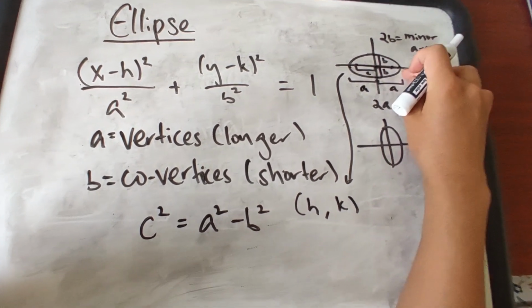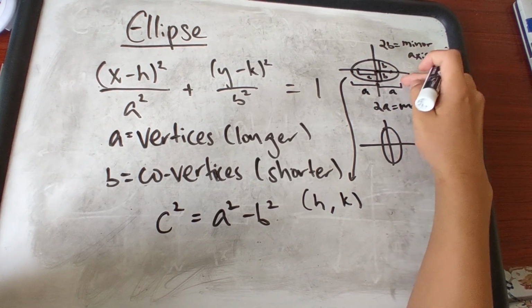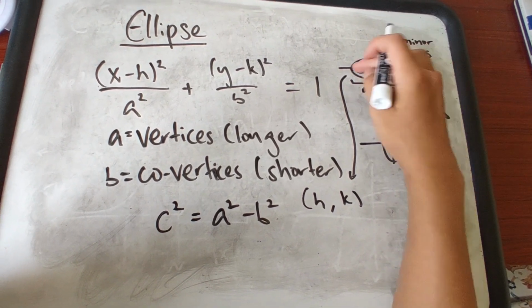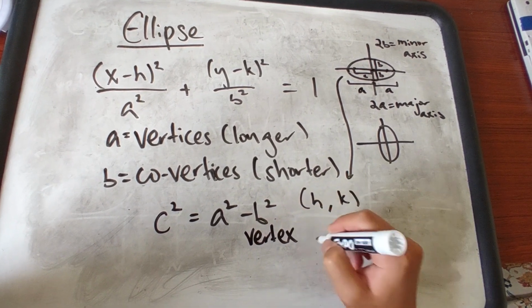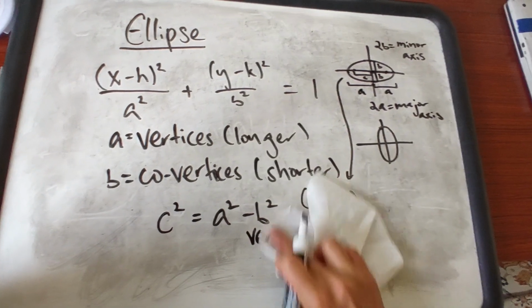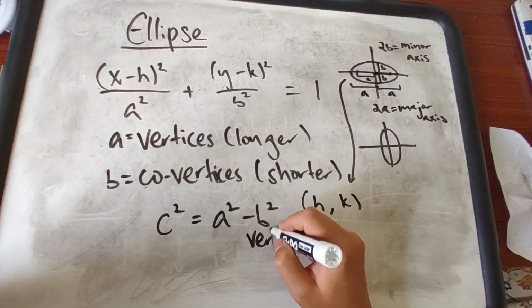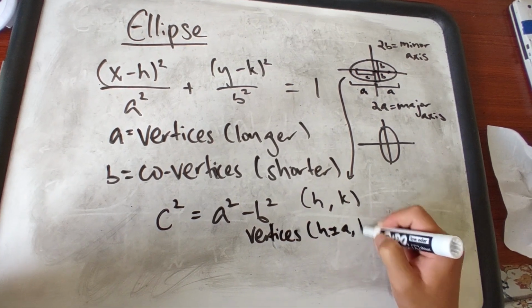The vertex will be h plus a, and over here will be h minus a. So to find the vertices, because it's plural, this would be h plus or minus a, k.